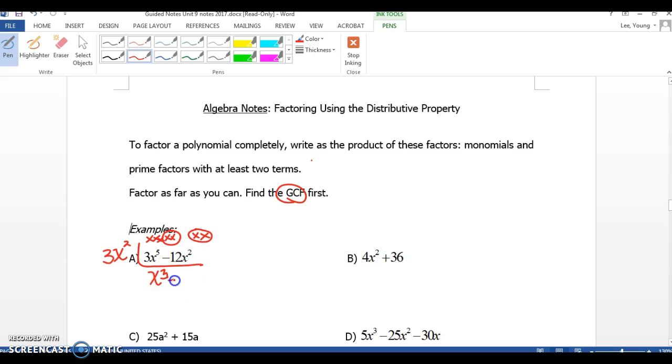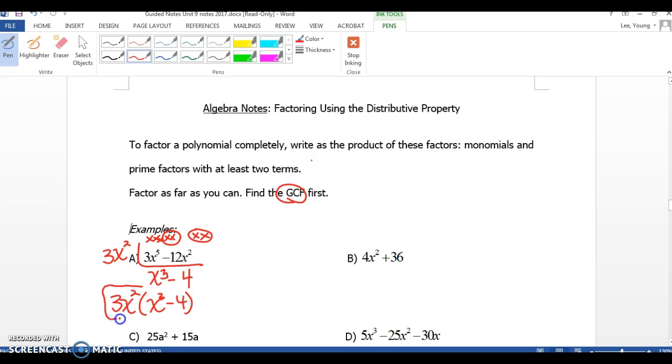Now, minus. What's 12 divided by 3? Which is 4. What's x squared divided by x squared? Which is 1. Do I need to write that? No. So my answer will be 3x squared times x cubed minus 4.